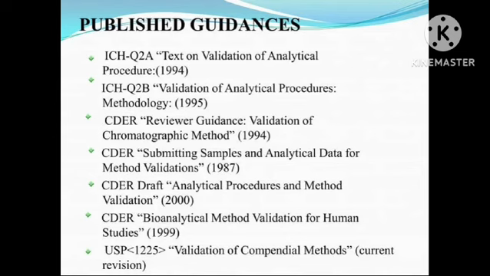CDER submitting samples and analysis data for method validations in 1987. CDER analytical procedure and method validation in 2000. CDER bioanalytical method validation for human studies. USP 1225 validation of compendial methods. These are all published guidances for analytical method validation.